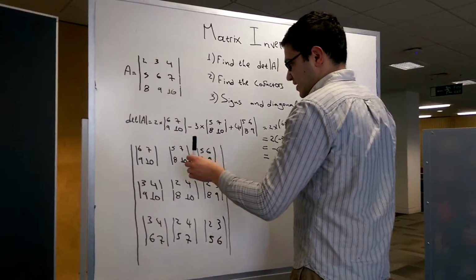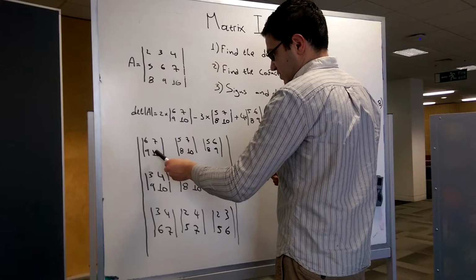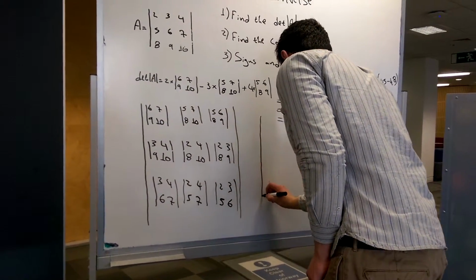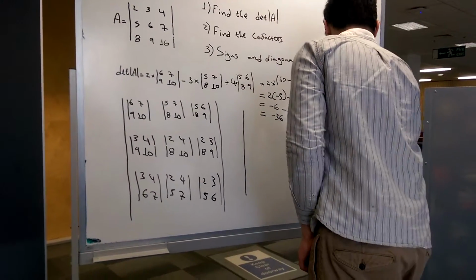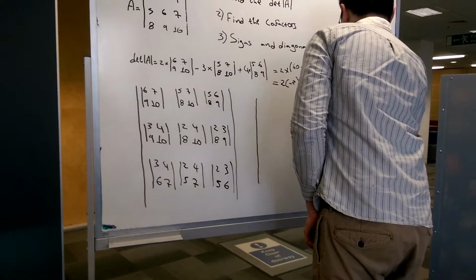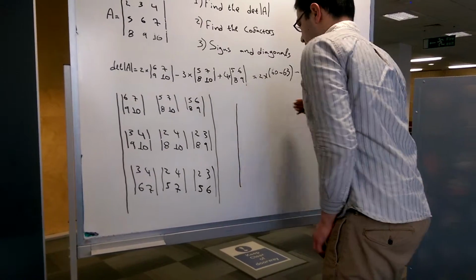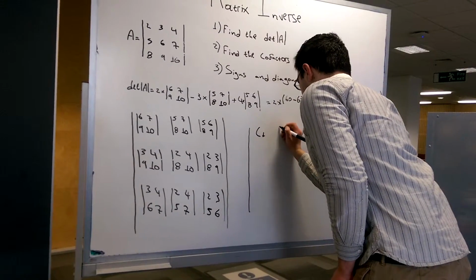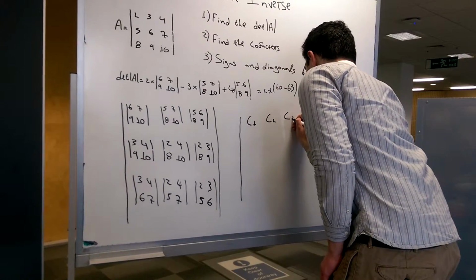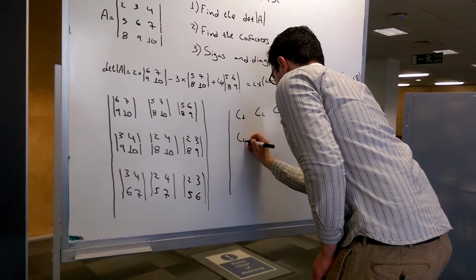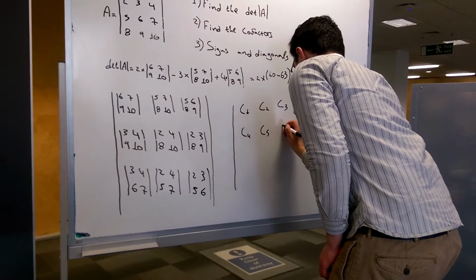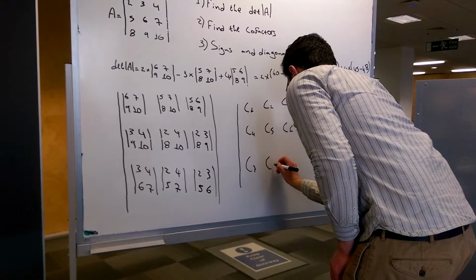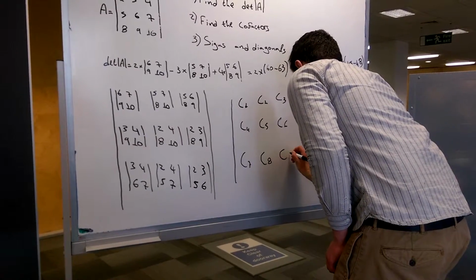Then once we find the results of those 2 by 2 determinants, we will end up with a matrix with C1, C2, C3, C4, C5, C6, C7, C8, and C9.